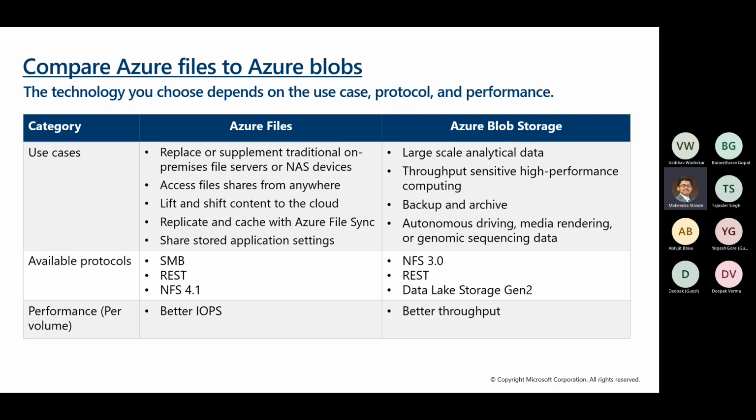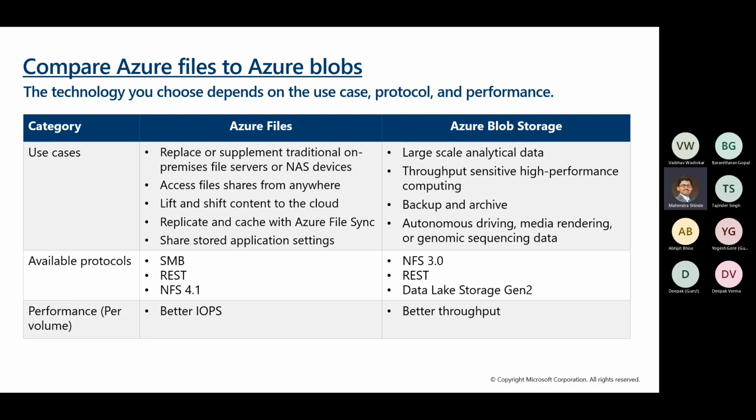You just add it to your machine as a new drive and use it like normal local storage. Azure Blob Storage, however, is better for operations like large-scale analytic data, throughput-sensitive high performance computing data, backup data, autonomous driving, media rendering, genome sequencing data, etc. Blob also supports NFS, REST and Data Lake Storage, which is used in data engineering and big data solutions.